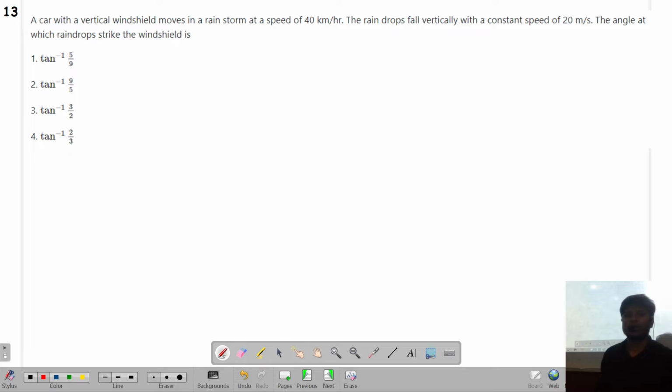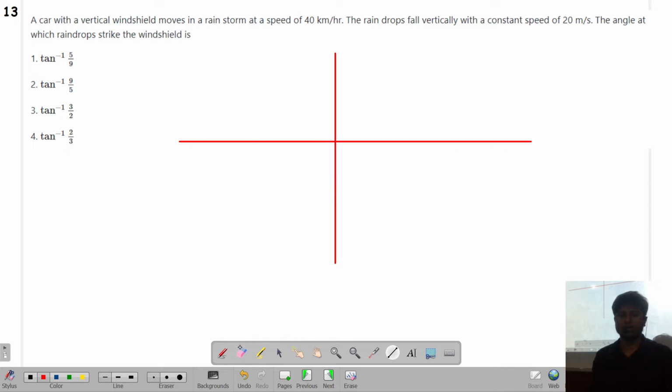What is it saying? A car with a vertical windshield moves in a rainstorm at a speed of 40 km per hour. The raindrops fall vertically. So first, whenever you get a relative motion question, what do you have to draw? Cartesian plane. Draw the direction in which the car is moving.